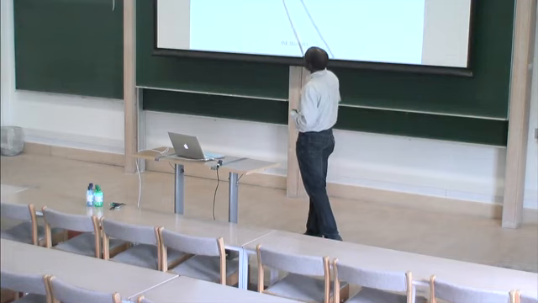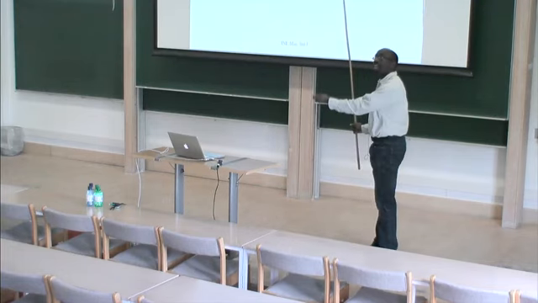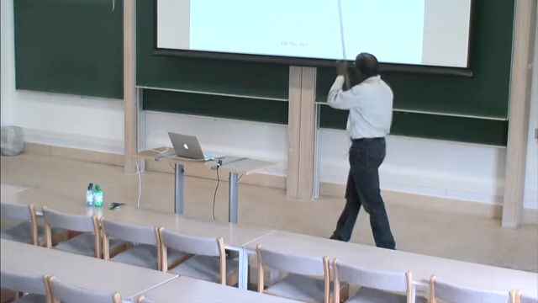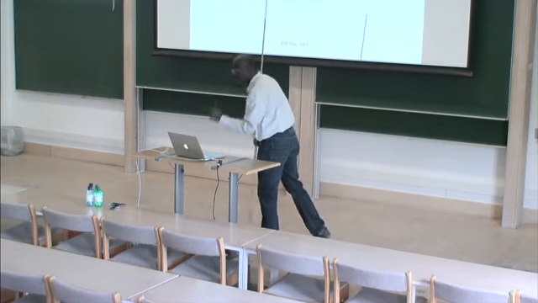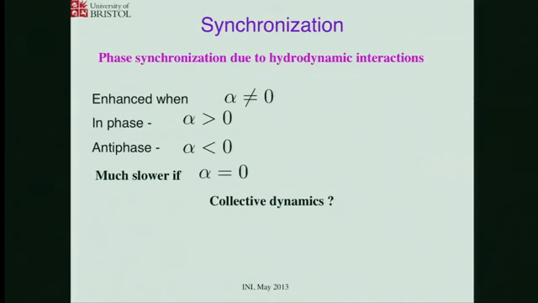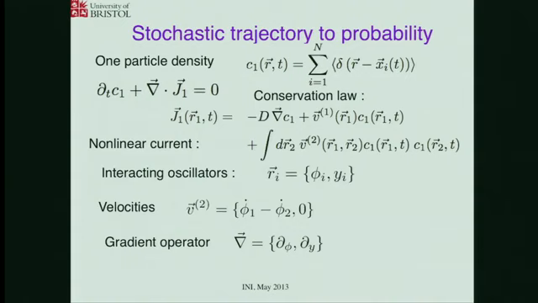And the sign of alpha determines whether they synchronize in phase or out of phase. So for a pair, they will synchronize, however, very slowly if alpha is 0, but in phase or out of phase when alpha is non-zero.